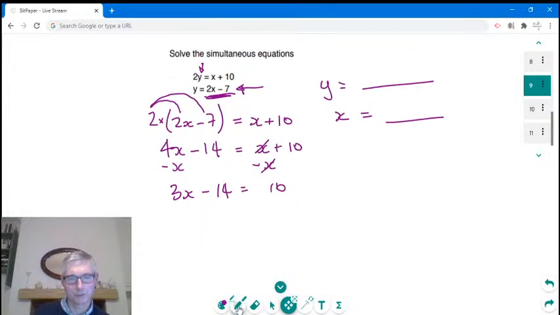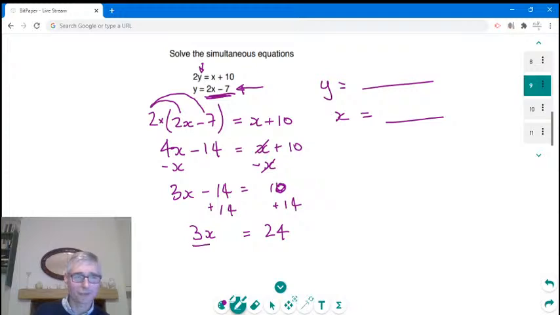And moving that up, make sure that does look like a 10. So now I want to add 14 to both sides, and I'm going to end up with 3x equals 24. I then divide through by 3, and so we end up with the 3's cancelling.